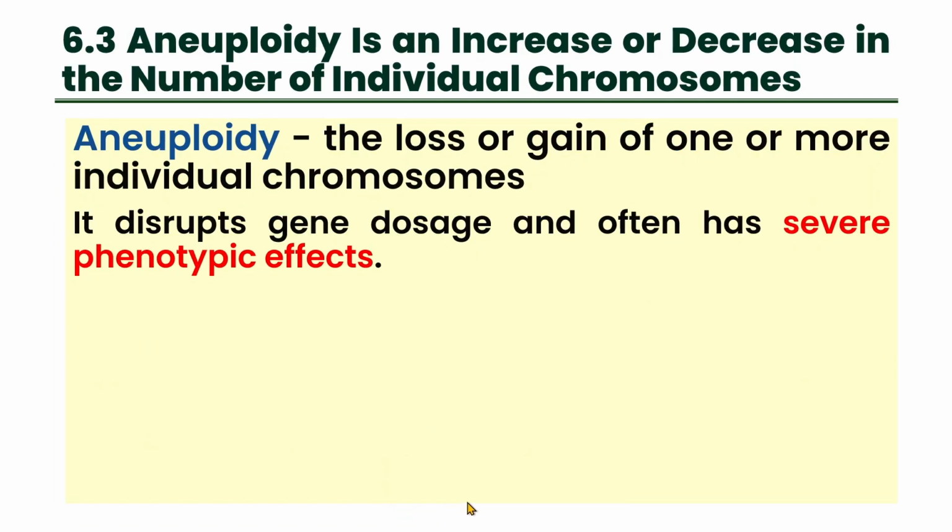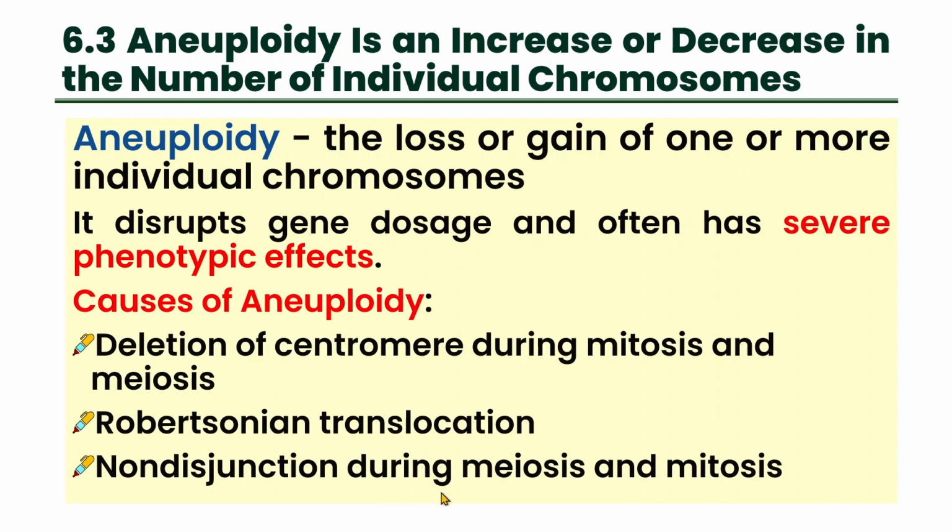Now let's take a look at a different kind of mutation that involves the whole chromosome itself, or the chromosome number. A good example would be aneuploidy. Aneuploidy is the loss or gain of one or more individual chromosomes. It disrupts gene dosage and often has severe phenotypic effects. There are many causes of aneuploidy.